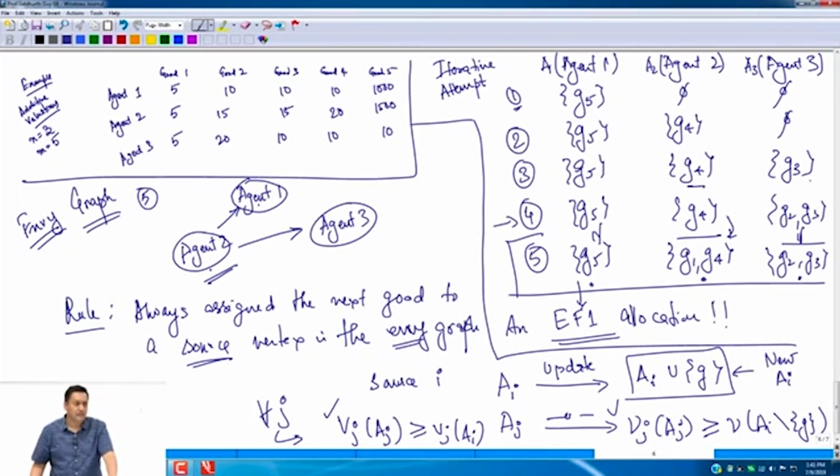So, at every point of time no one else envied the source agent, and our rule of choice, the thumb rule that we followed, was always to assign the next good to such a source vertex, a vertex that is not envied by anyone else. And indeed that's a good rule, and let me argue again why that's a good rule, in the sense that if I follow it along, then I will continue to maintain EF1.